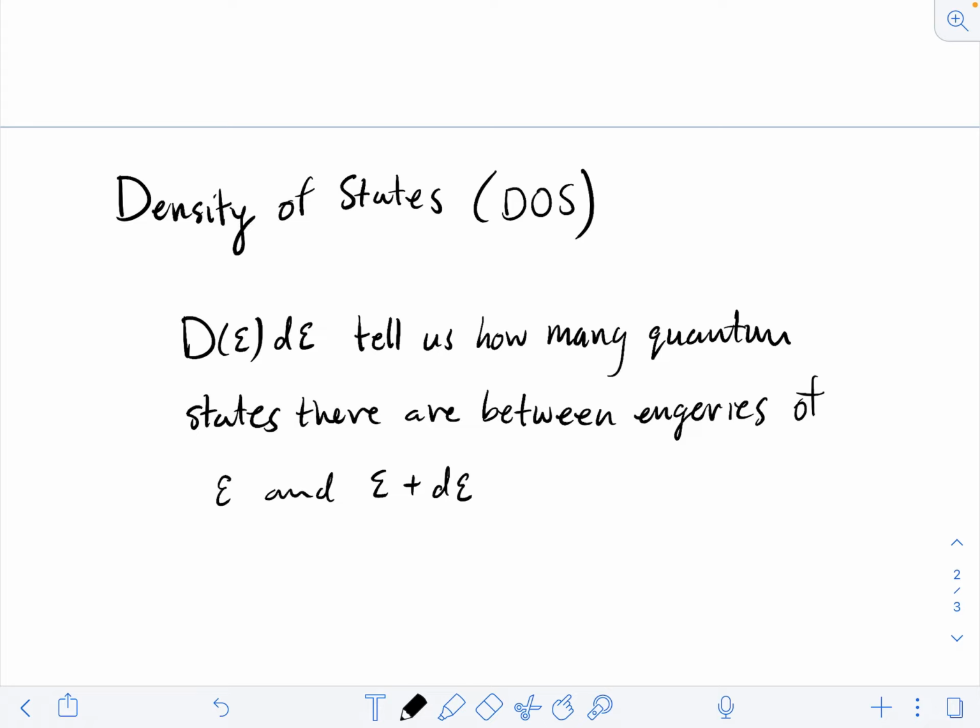It's called a density of states because it's the number of states per unit energy. So I have to multiply by an energy range, d epsilon, to get the number of states.